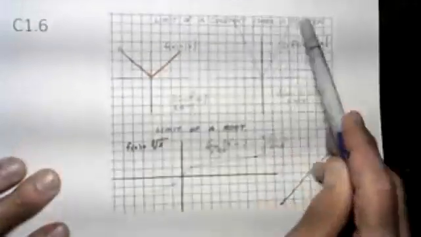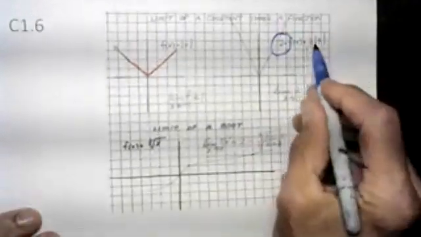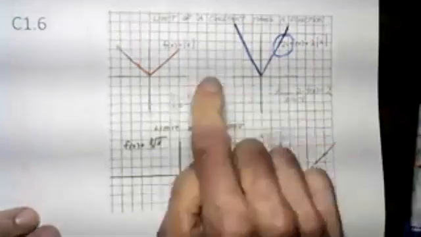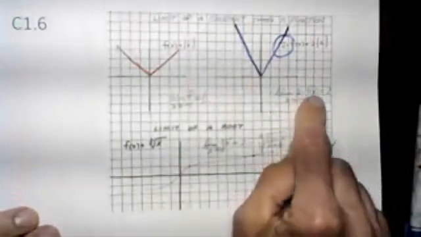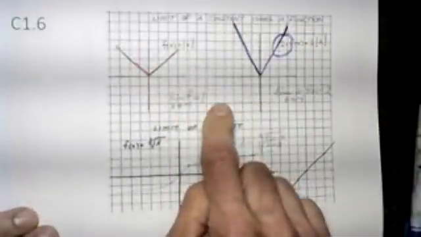Okay? Now, this is the limit of a constant times a function. So I must take this function and multiply times some constant. So I multiplied by a 2. Okay, so it's 2 times the absolute value of x, and I plotted some points, and I get this blue function for the constant times a function. Okay, so now what is the limit of the constant times a function as x approaches, we're approaching -1 in both of these.